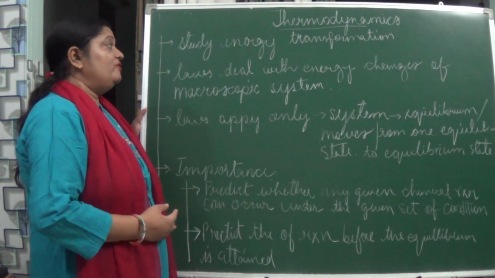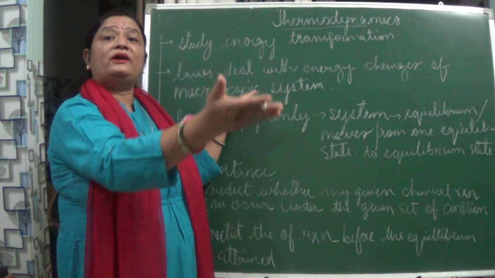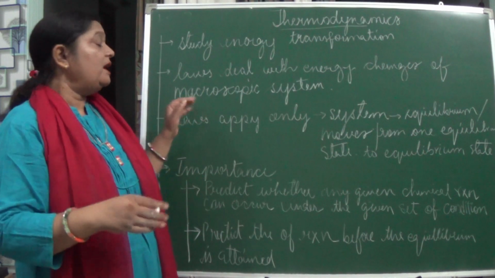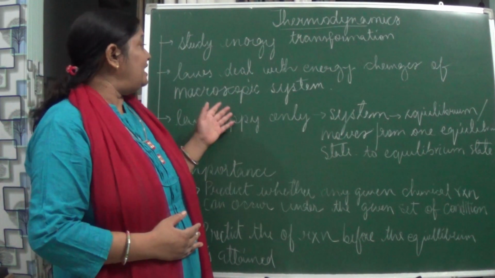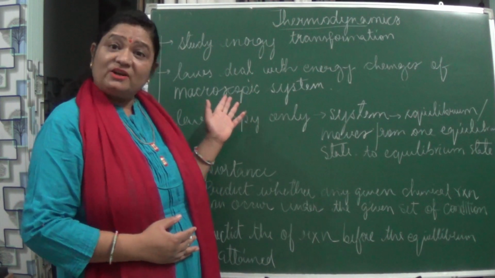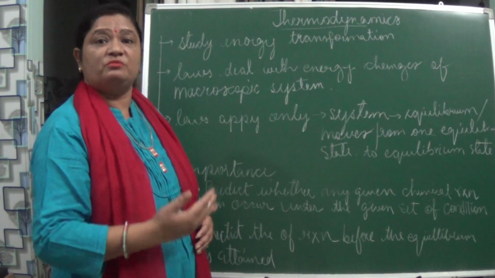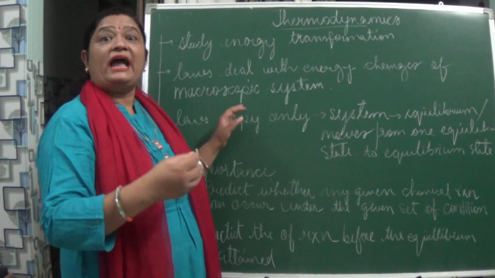Here we are seeing things at the macroscopic level. Macro means big. Till now, what we have studied, atomic structure, chemical bonding and all, were dealing with the microscopic level. We were studying about atoms and molecules, but here we will not be studying atoms and molecules at that level.